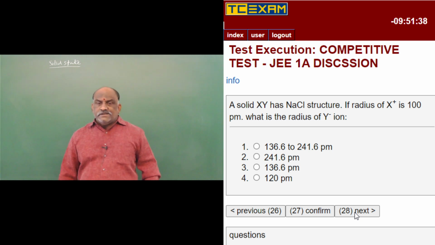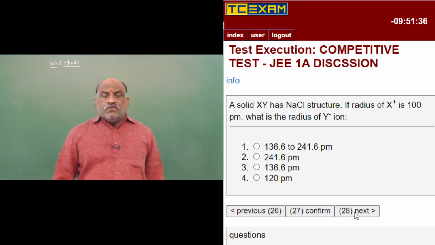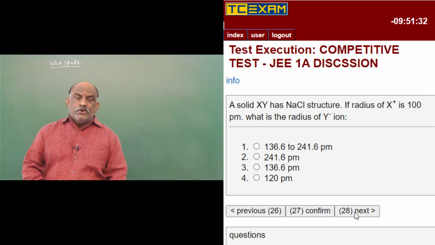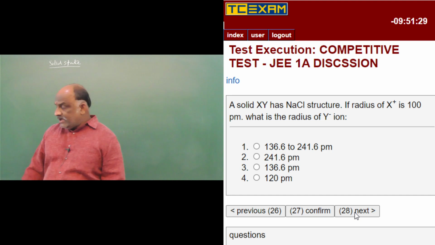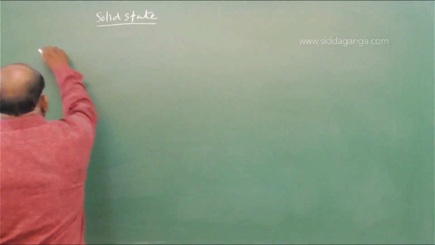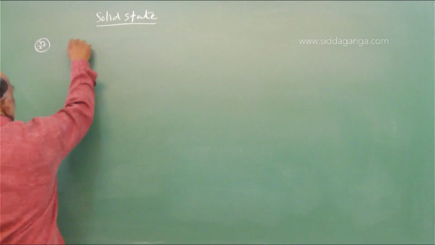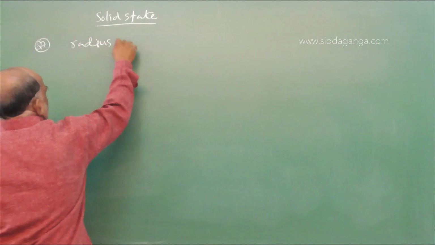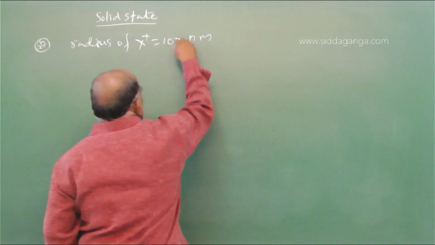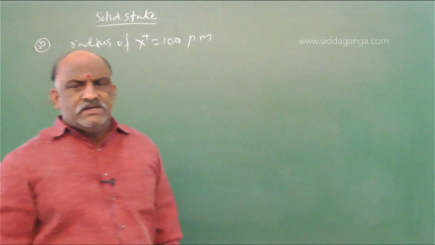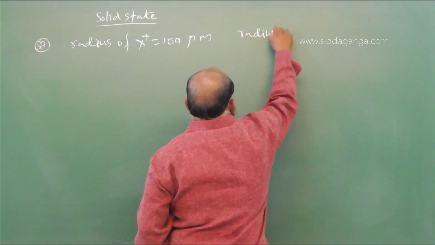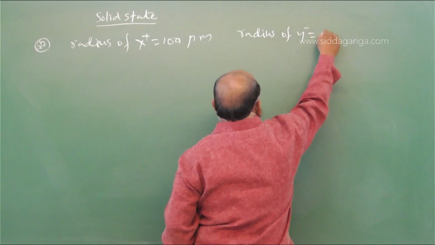If radius of X plus is equal to 100 picometers, what is the radius of Y ions? So this is an important question. Radius of X plus was given, 100 picometers, and radius of Y minus is equal to what?